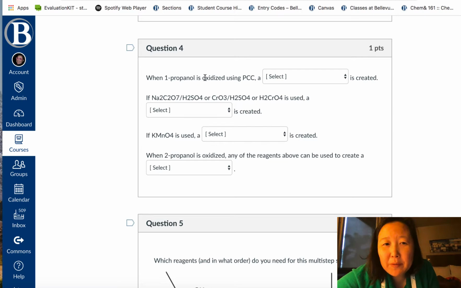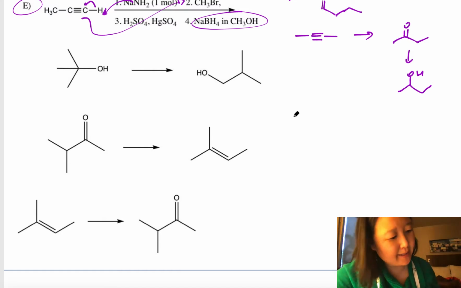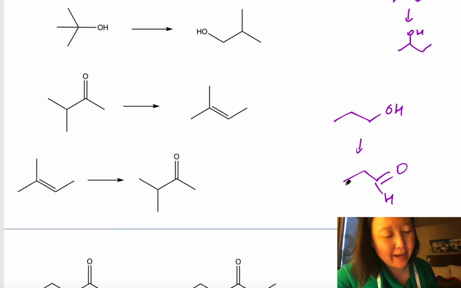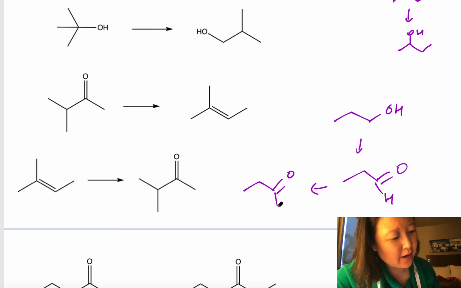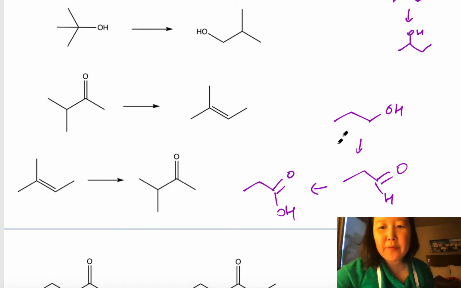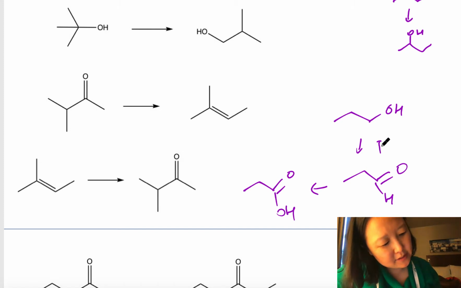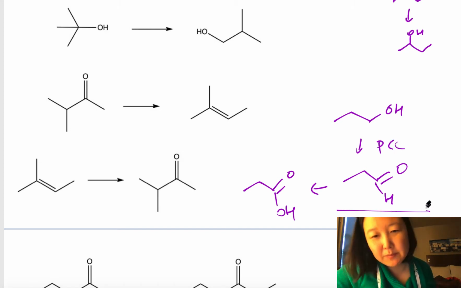Question 4, when 1-propanol is oxidized using PCC, then remember PCC is milder and we can't go all the way to the carboxylic acid. So for 1-propanol, the oxidation product is propanaldehyde, or propanal. And if I had a strong oxidizing agent, it could go all the way to the carboxylic acid. So to stop it here, I have to use PCC, which is weaker.